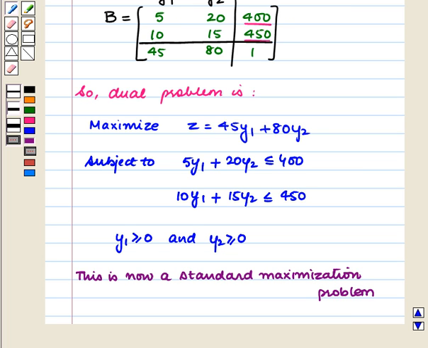This is now a standard maximization problem.